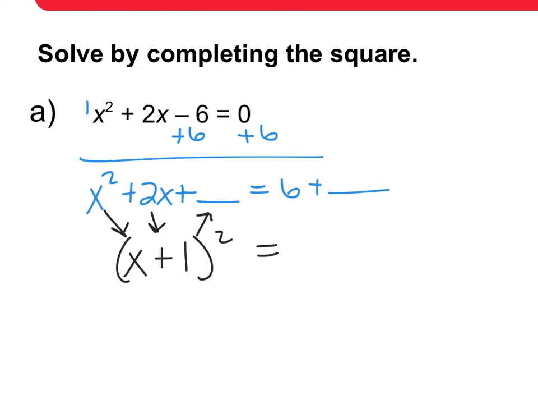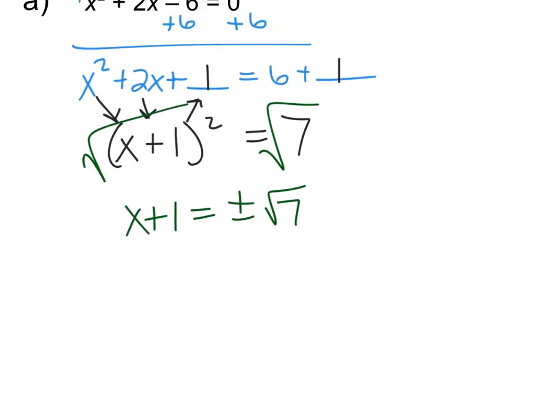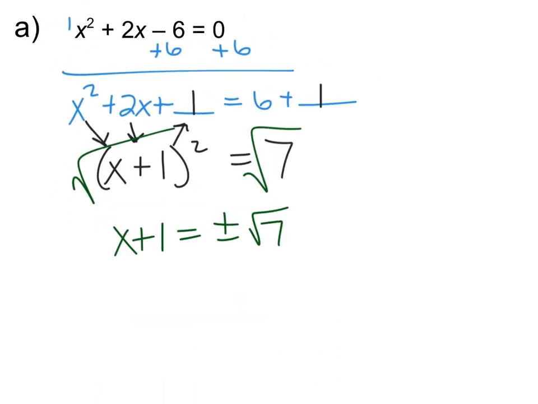If I square 1, it's still 1, so I'm adding 1 to both sides. 6 plus 1 is 7. Take the square root of both sides. So we get x plus 1 equals plus or minus, and again, root 7 doesn't simplify, so we're just going to leave it like that. Subtract your 1 on both sides to get your final answer. So we get x equals negative 1 plus or minus root 7.